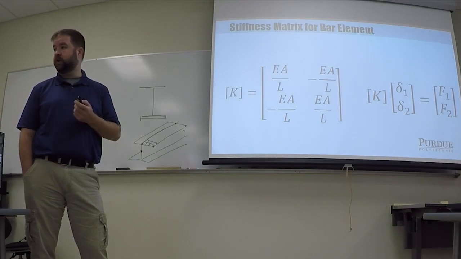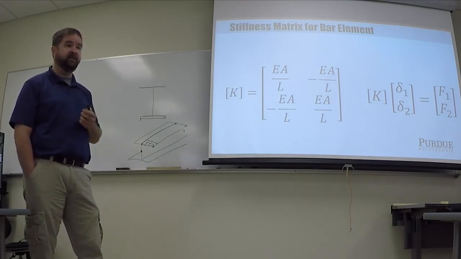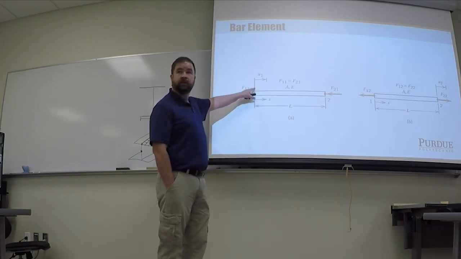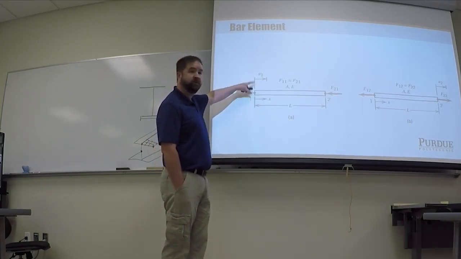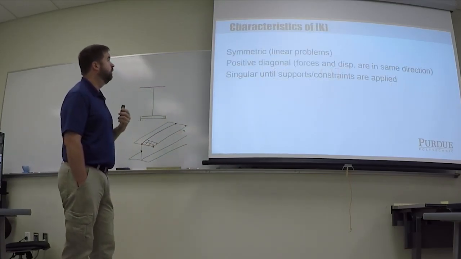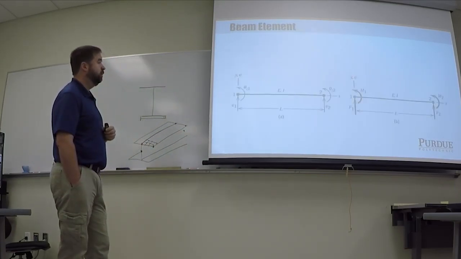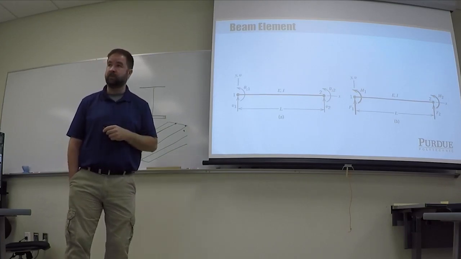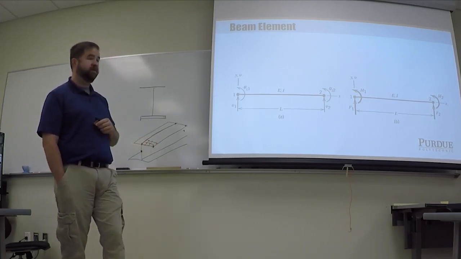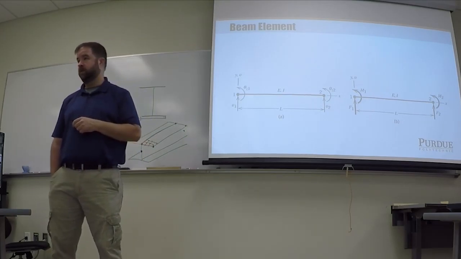Now, this only works if we're wanting to do truss elements. In a more general case where we have bending, we need to have the capability for forces to be perpendicular to the element, and we have to have degrees of freedom that are perpendicular. So that brings up a simple beam element. This is the simplest beam formulation.